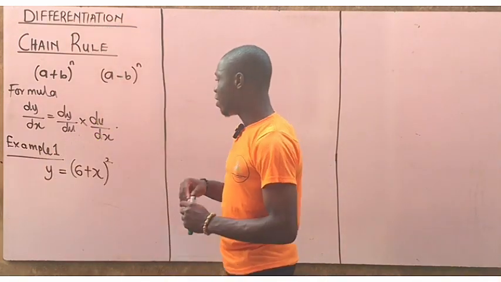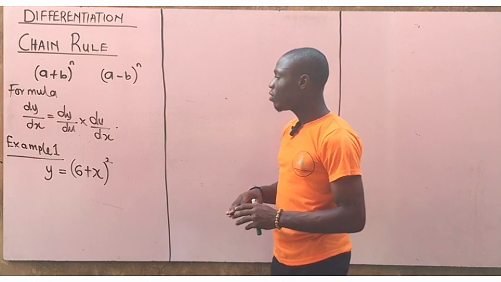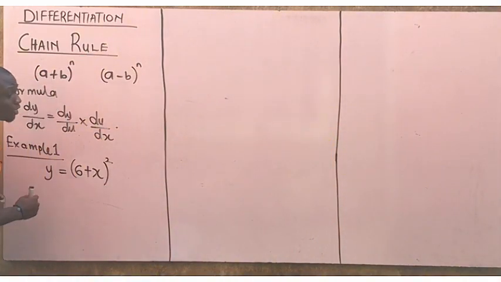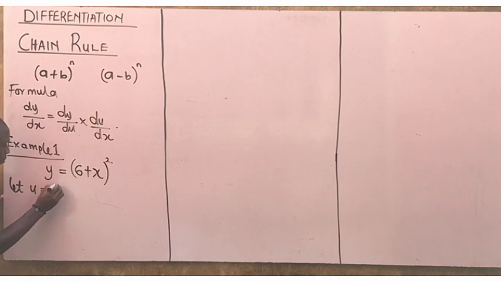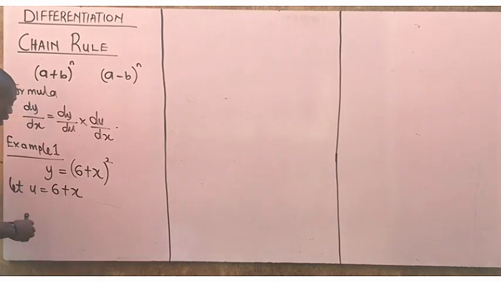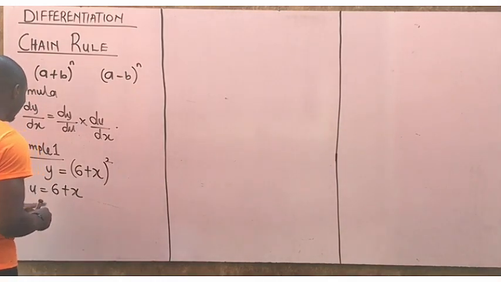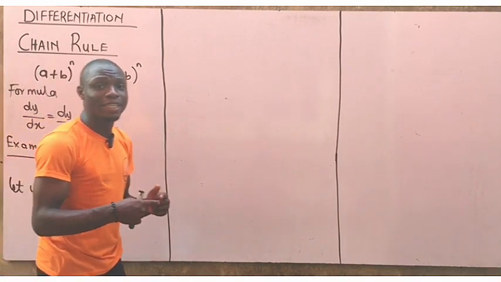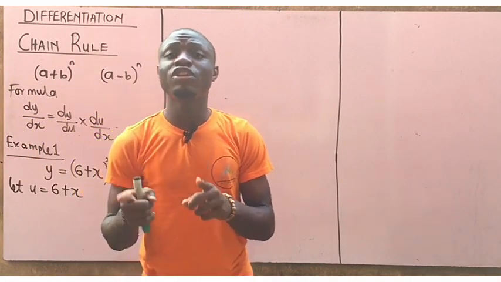What's the first task? My first priority is to call the term in brackets u, right? So let u be equal to the term in brackets, that's 6 plus x. So it means that I'm differentiating u with respect to x.